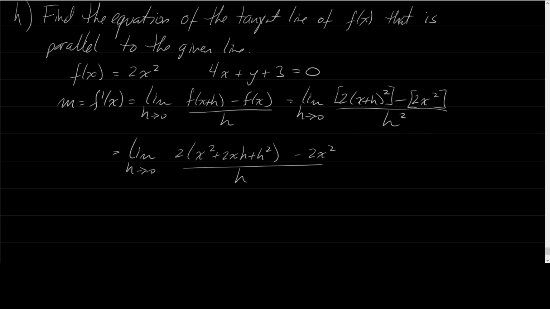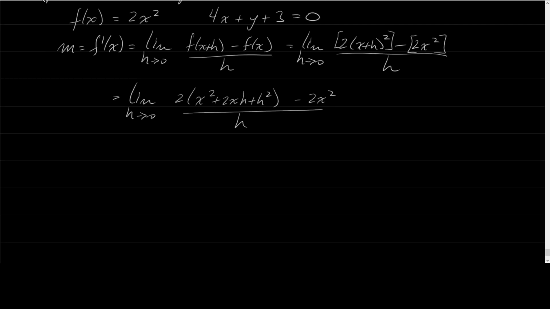I don't know where I got the h squared from. That's supposed to be just h. There we go. Way better now. Now, let's distribute that 2. If I distribute that 2, what do I get? I end up with 2x squared plus 4xh plus 2h squared, right?